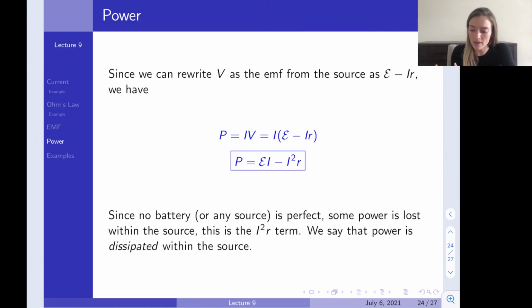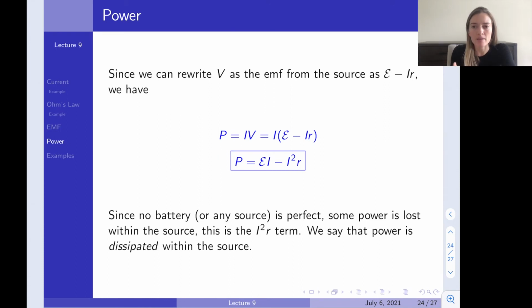Now we can also rewrite power using the EMF from our source. We said that the voltage in a non-ideal battery is given by the EMF minus the current through the battery times the internal resistance of the battery. So if you replace the V in our P equals IV equation with E minus Ir, we get this equation.